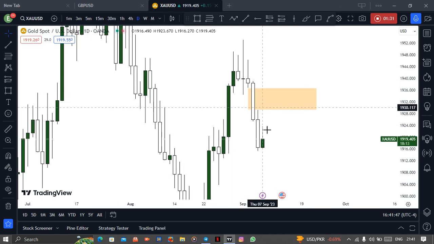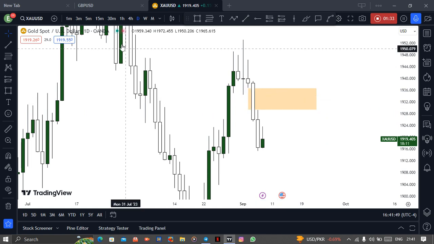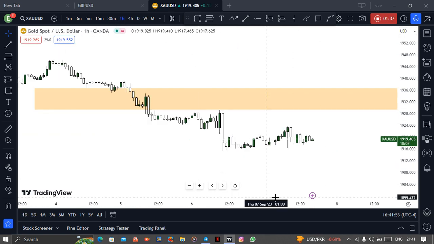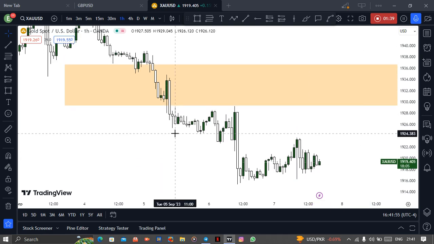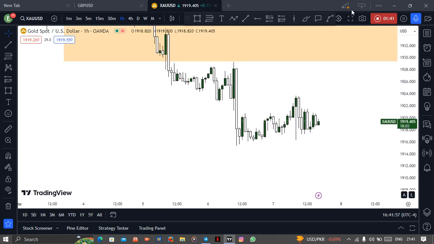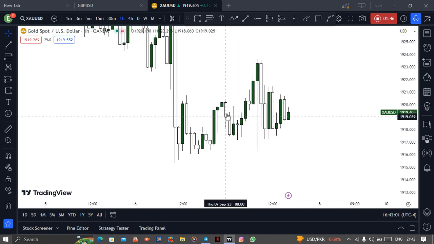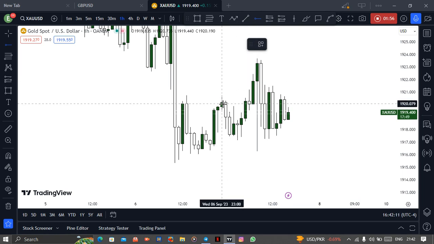So because I was expecting a higher movement, I went to the 1 hour time frame to look out for the market structure. So when I woke up, the market was right around here. And then the first thing I would usually do is I mark out the opening price for that day. Please, this is New York time, UTC -4.